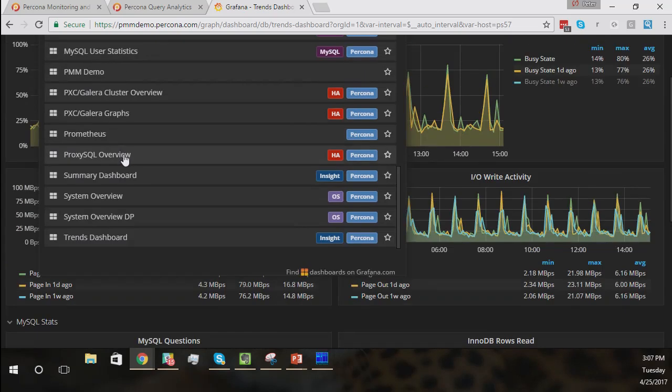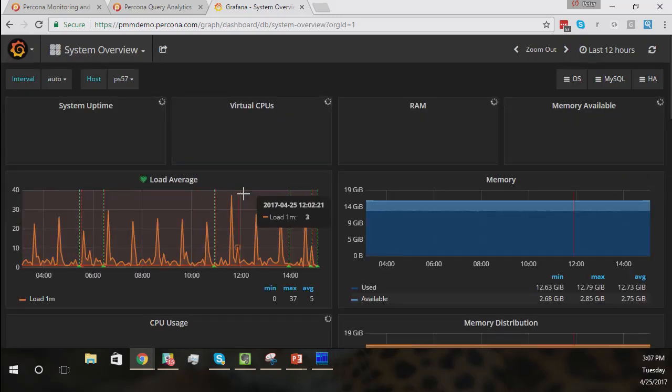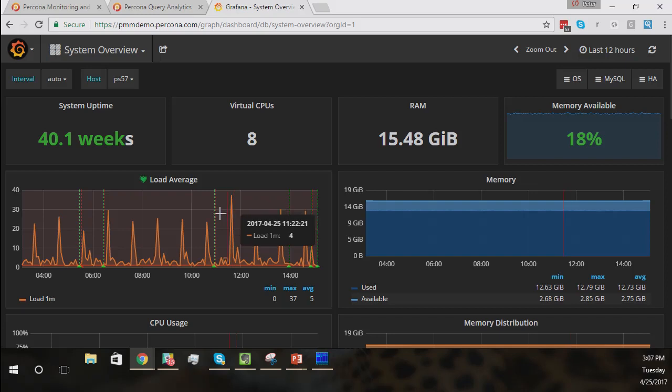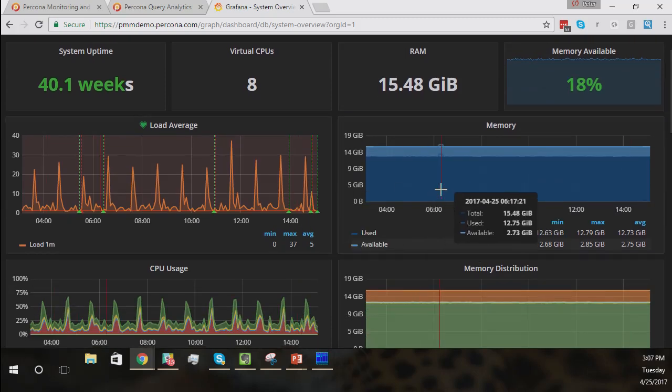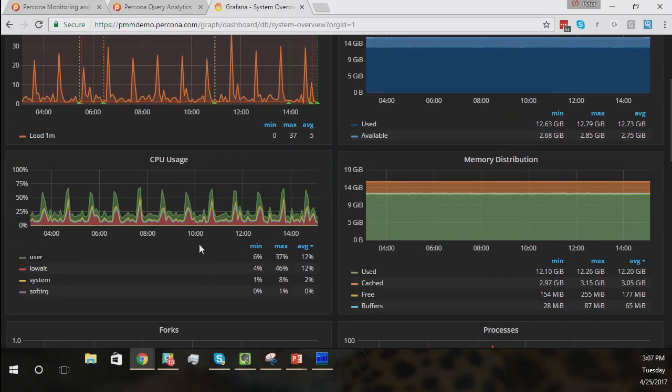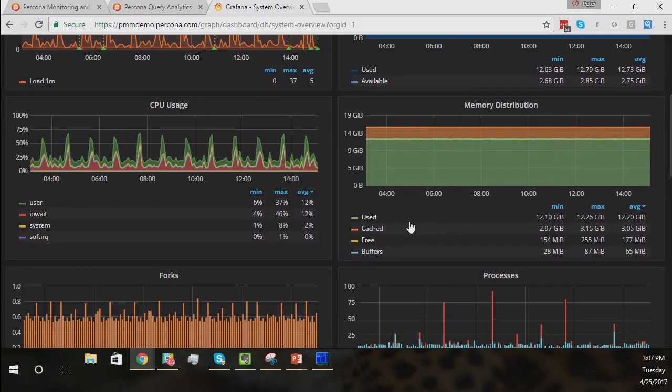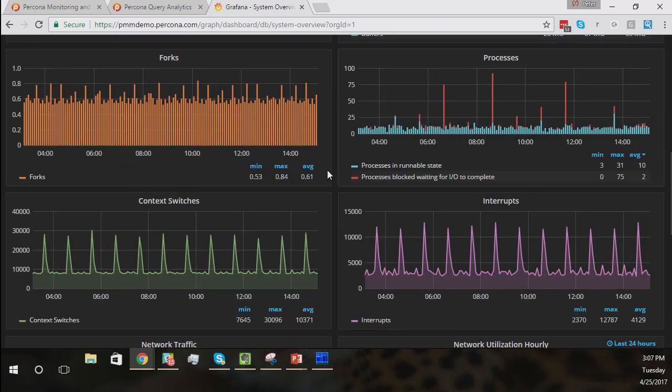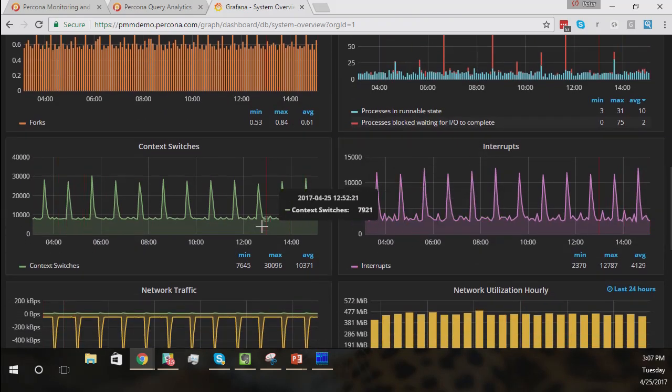So that is one dashboard which I like a lot. Another thing we can take a look at is the system overview, which gives me a lot of high-level information: system uptime, amount of memory, how much memory is available, distribution, how load average played, CPU, memory, right? You have some other systems like forks, processes, context switches.